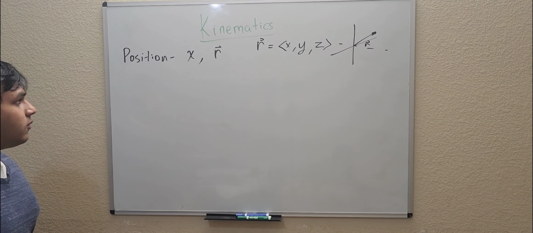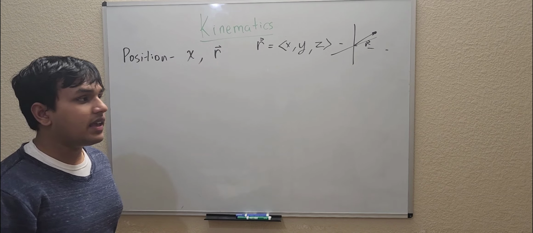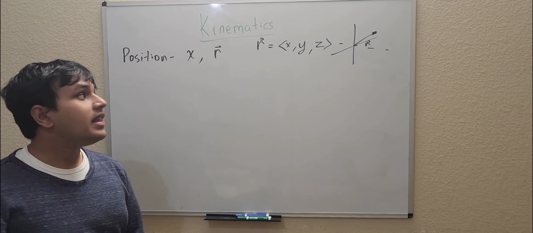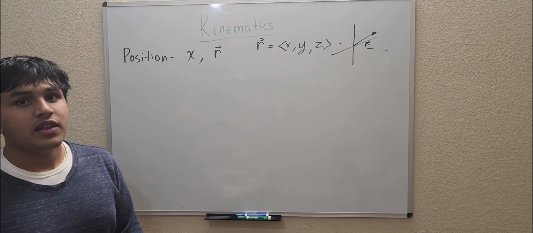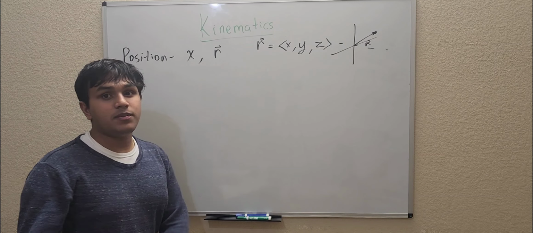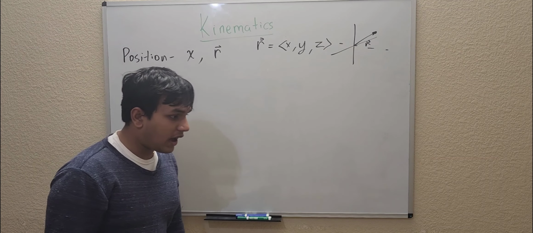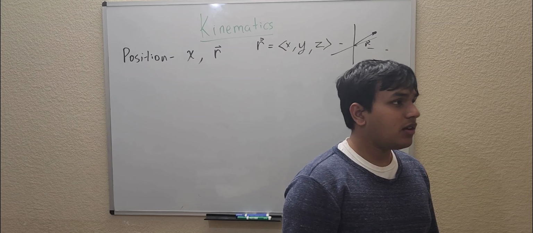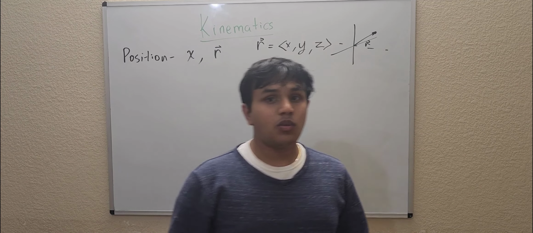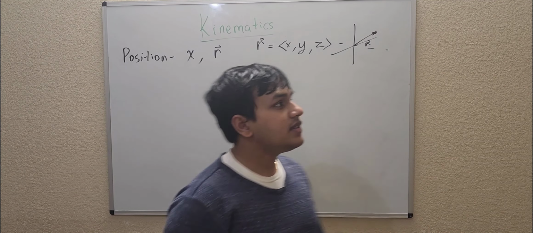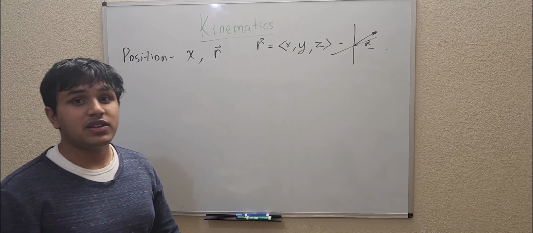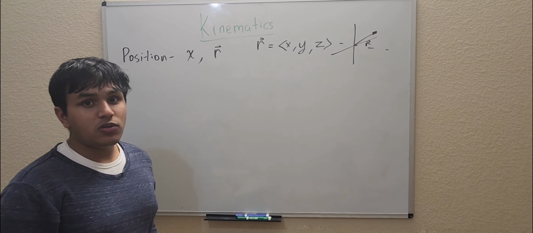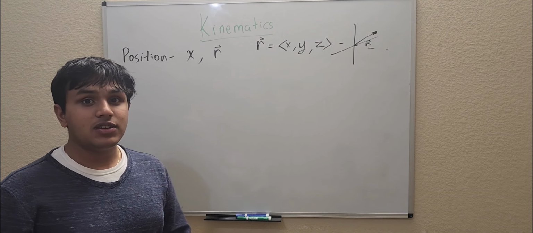Now, we can use position to get something that's equally as useful, and that is displacement. Displacement is the change in position. For example, if I move 1 meter to the right, you can say that my displacement is 1 meter to the right. Notice that both position and displacement are vectors. They both require a magnitude and a direction.